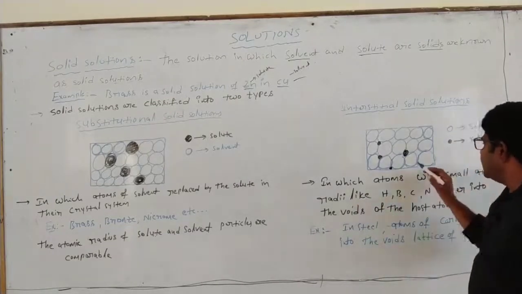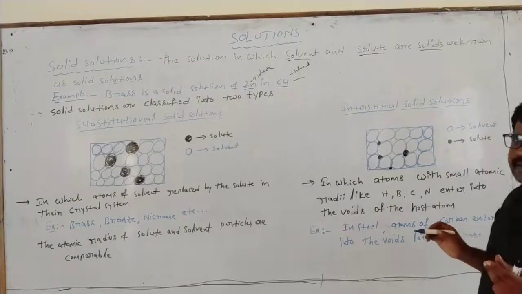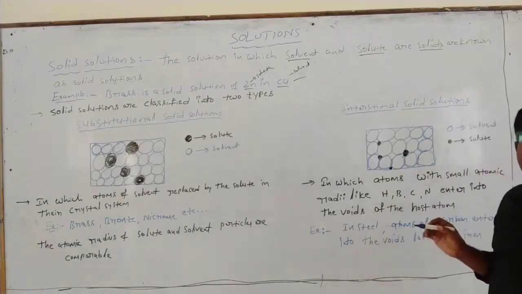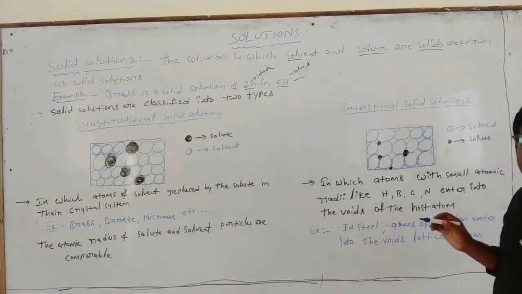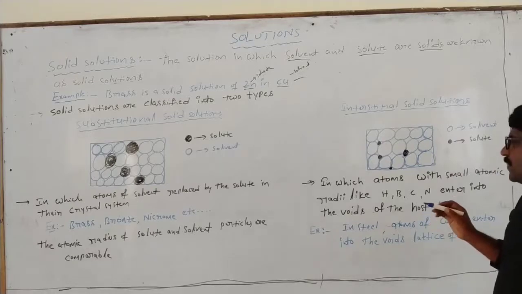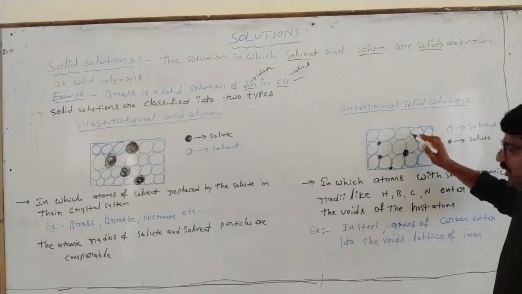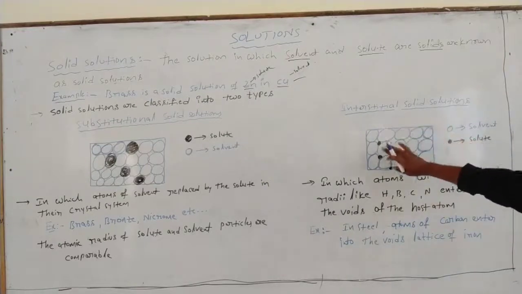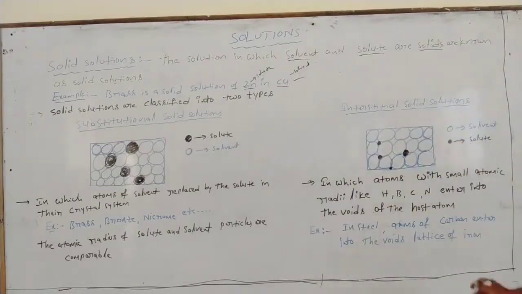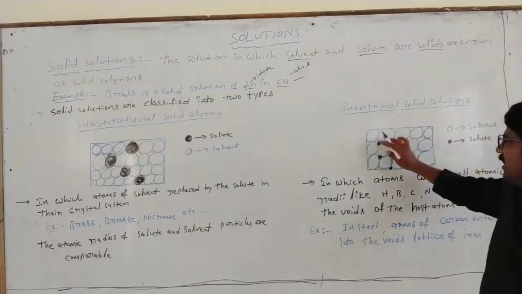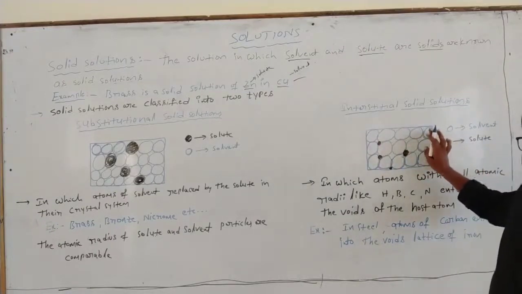Atoms with a small atomic radius, like hydrogen, boron, carbon, and nitrogen, occupy the interstitial sites of this crystal system. For example, consider the host as the solvent particles.